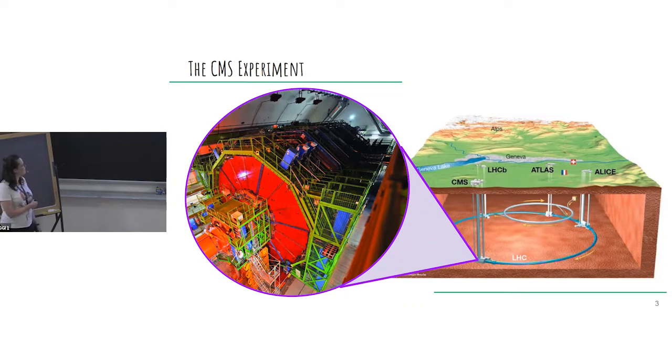CMS is a small experiment because it's smaller than the others, than its brother ATLAS, for example, but it is actually very big, 16 by 16 by 21 meters, and very heavy, 14,000 tons, because of all the materials that are necessary for the detectors.